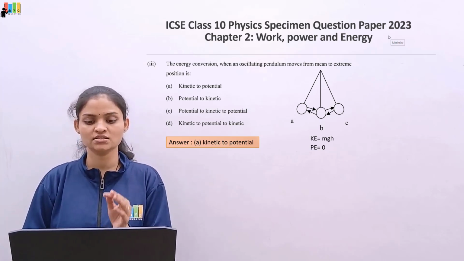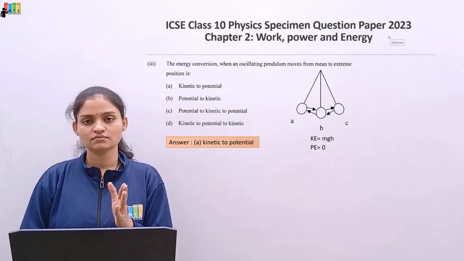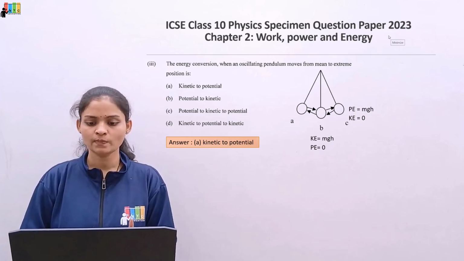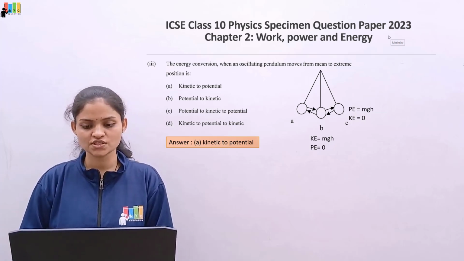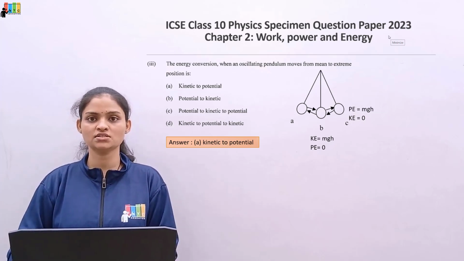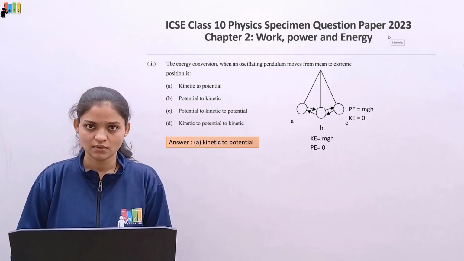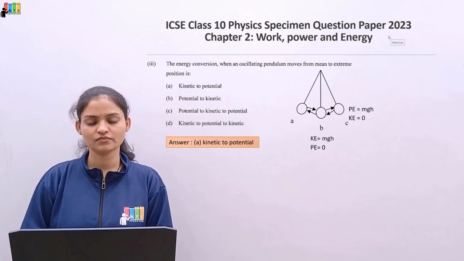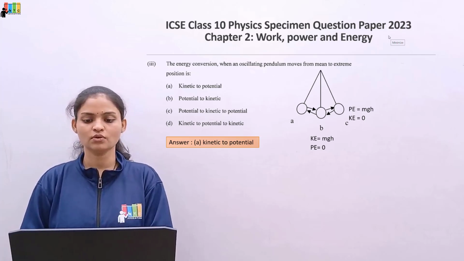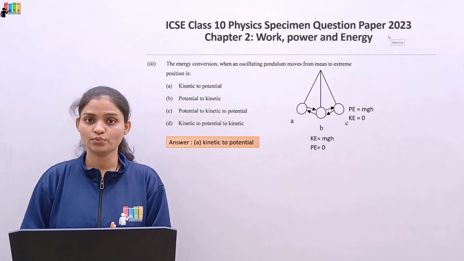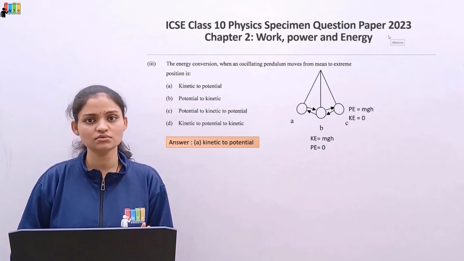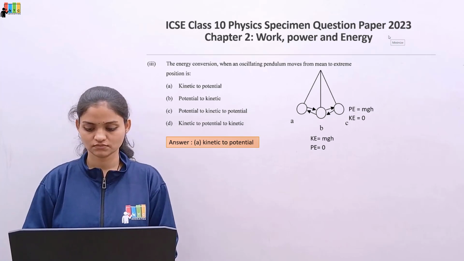From the mean position to the extreme position, kinetic energy becomes zero and potential energy becomes maximum. So the conversion is, as you can see, from kinetic to potential energy, from mean to extreme position.